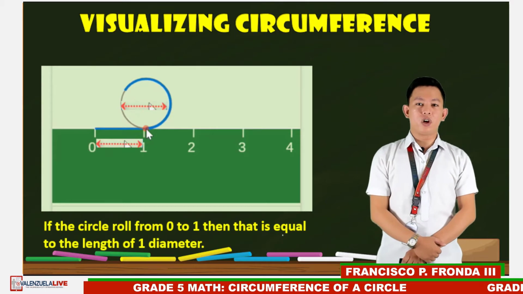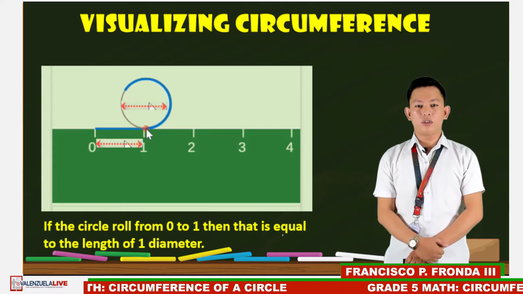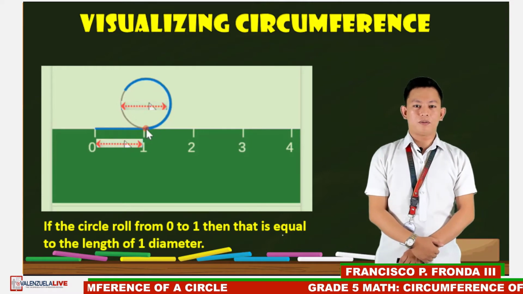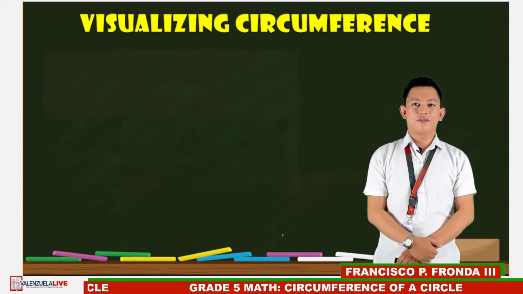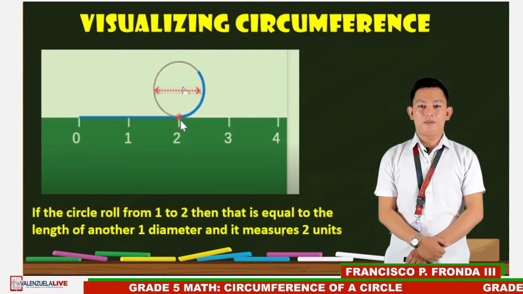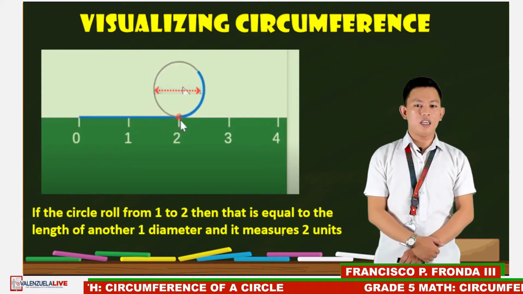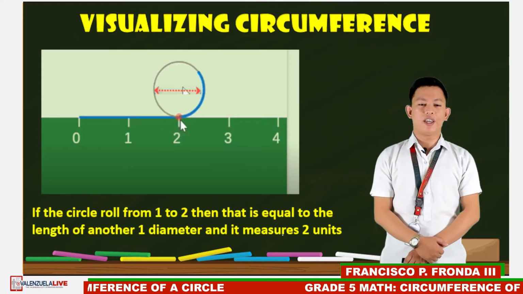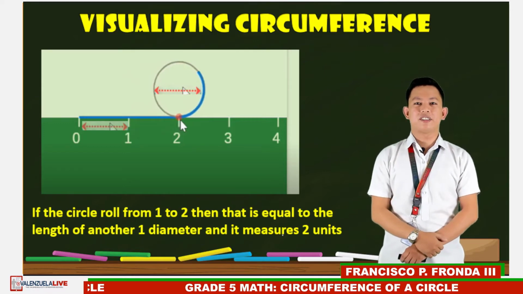If the circle rolls from 0 to 1, then that is equal to the length of 1 diameter. If the circle rolls from 1 to 2, then that is equal to the length of another 1 diameter, and its measure is 2 units.